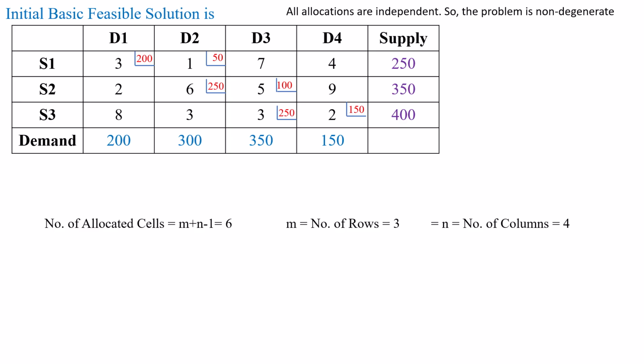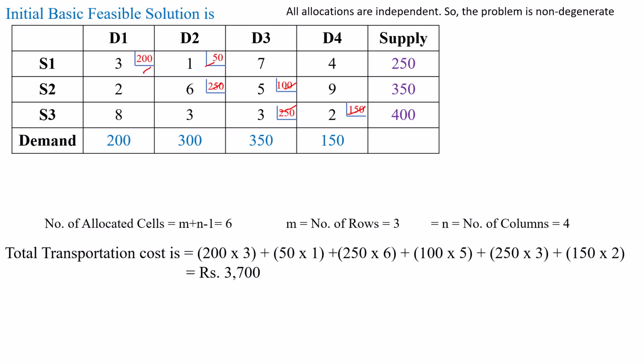And here all allocations are independent, so the problem is non-degenerate. The number of allocated cells is 1, 2, 3, 4, 5, 6, which is equal to m plus n minus 1, equal to 6. Here m equals the number of rows and n equals the number of columns.